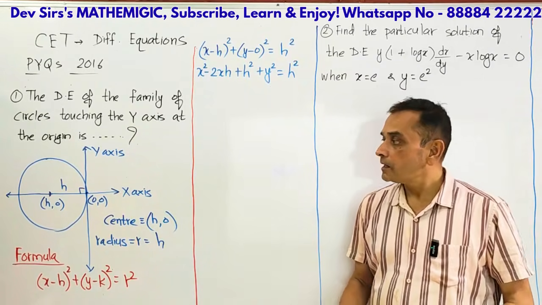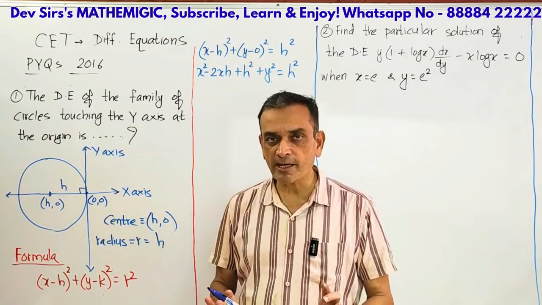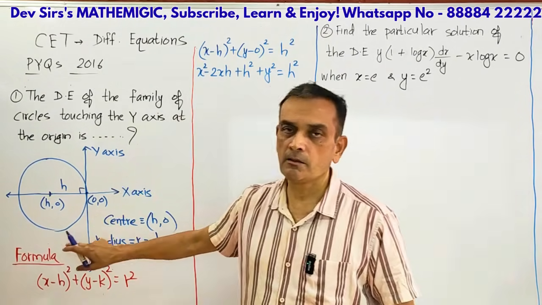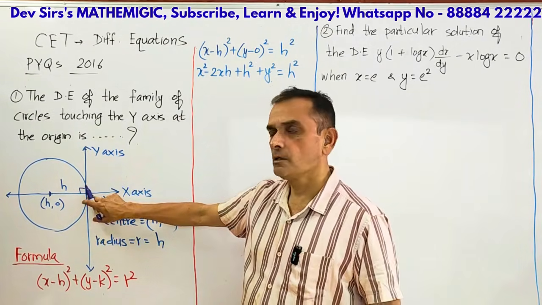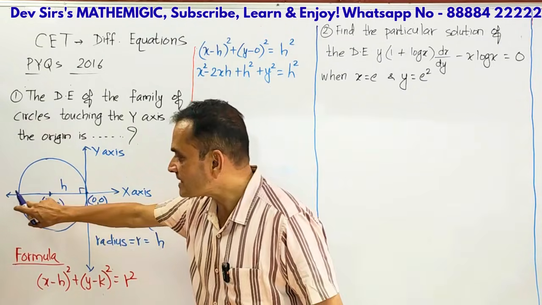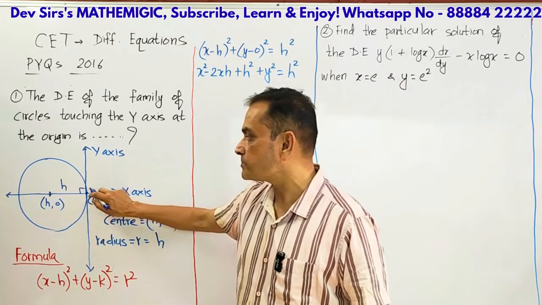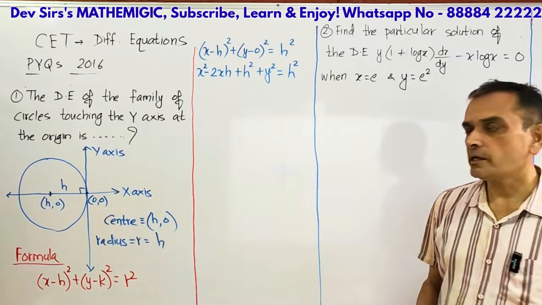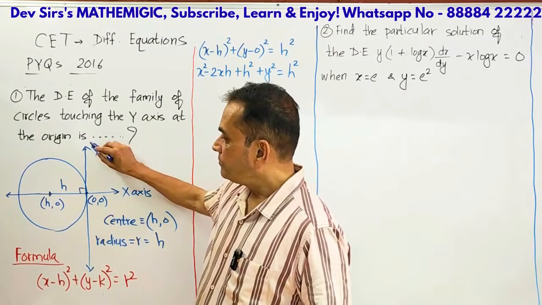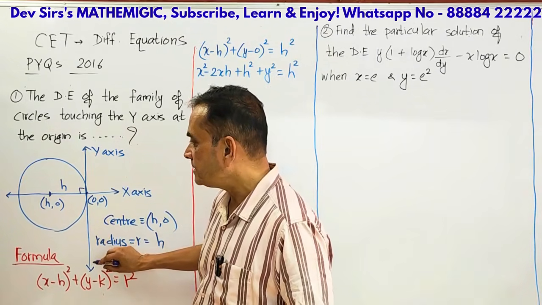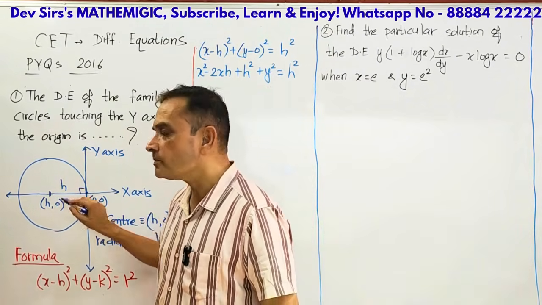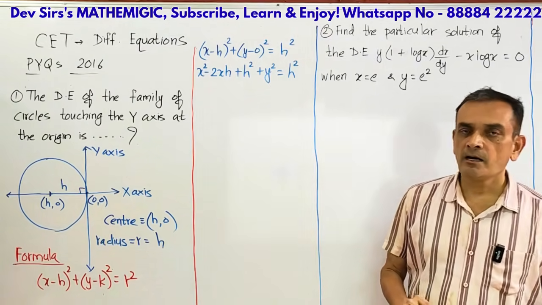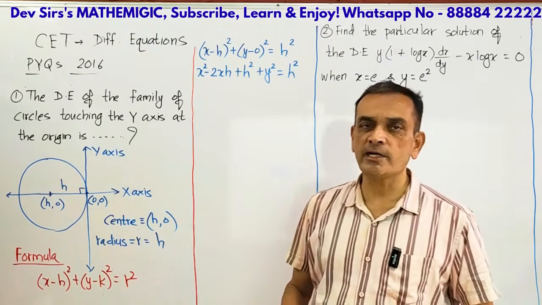Okay, then समझ में आया मैं क्या बोला? y-axis is a tangent to the circle at the origin. So x-axis has to pass through the origin because it is perpendicular to the y-axis. Followed? Now because the y-axis is a tangent, x-axis has to be the radius. 10th standard का basics, radius perpendicular to tangent.